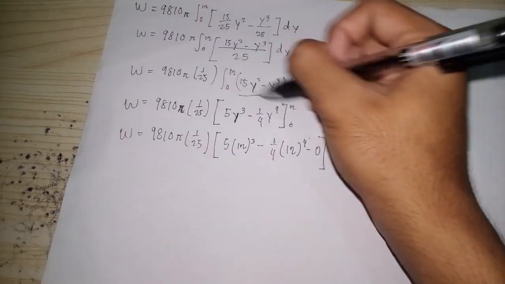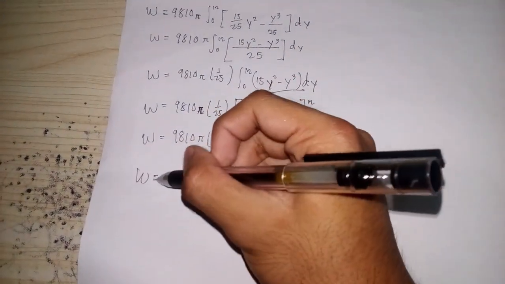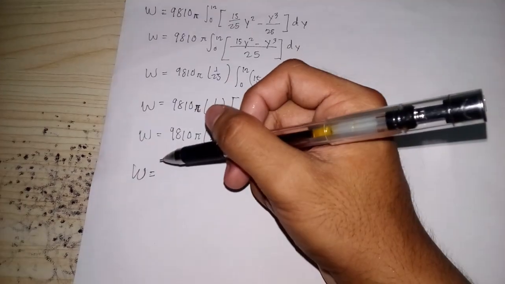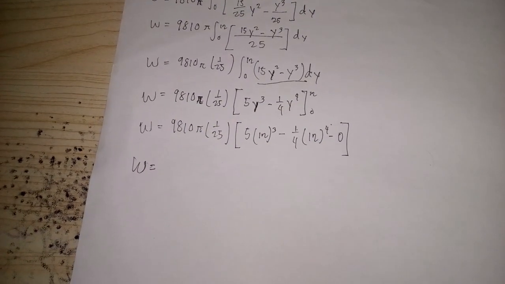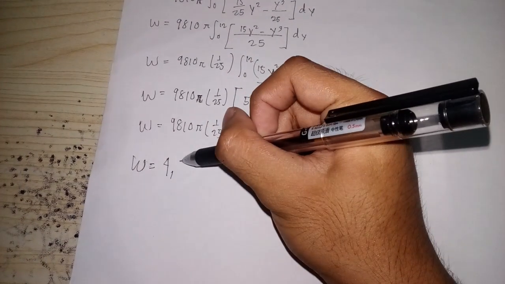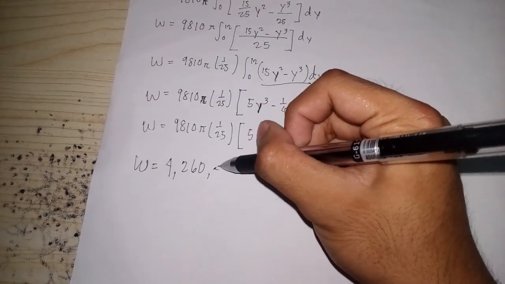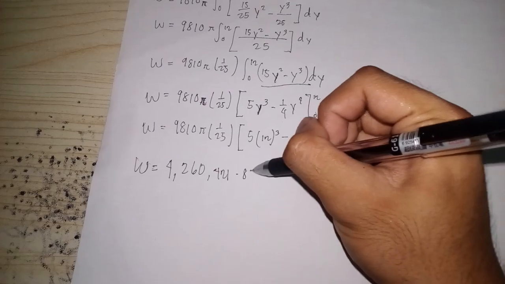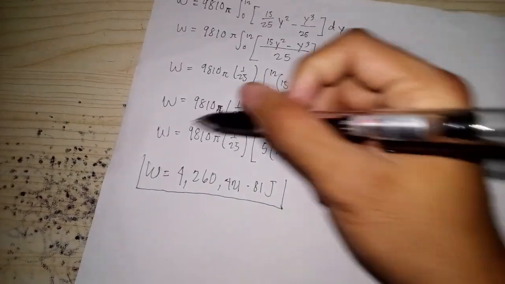Plugging that into our scientific calculator, of course, we will get our work, which is equivalent to 4,260,421.81 joules. That is our answer for the work.